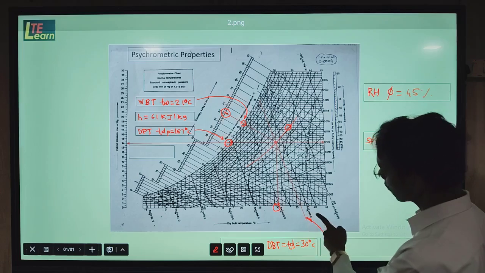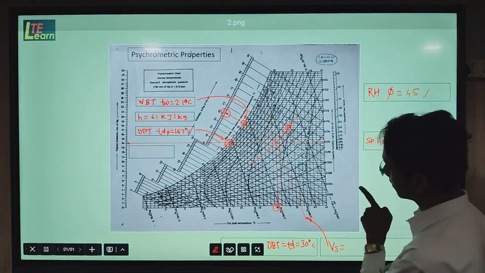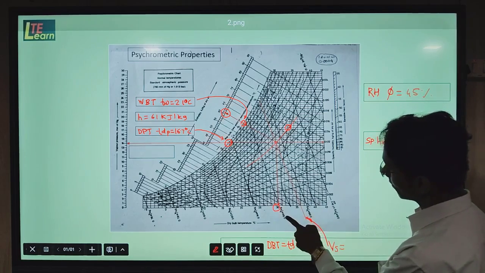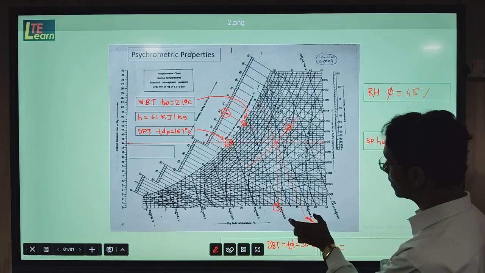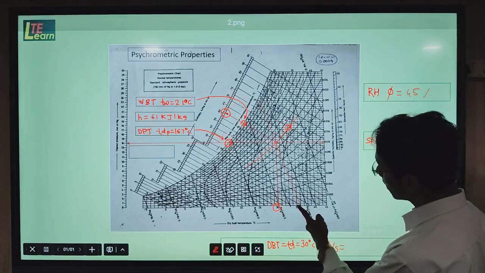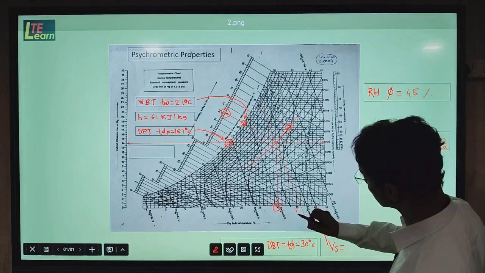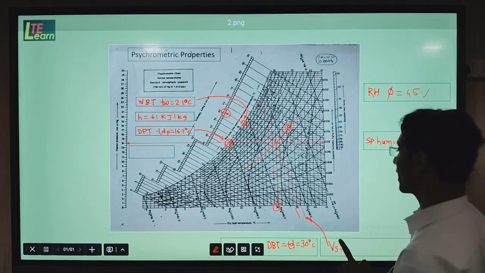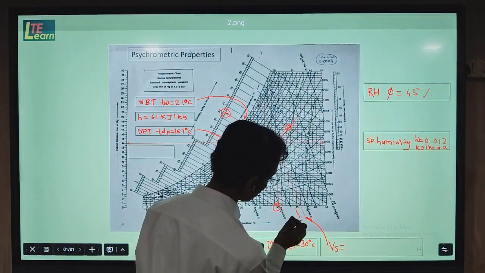This line is closer to the specific volume of 0.88, and here is a value 0.86, means there is a difference of 0.02 between the two lines. So in the mid, the value will be 0.85.